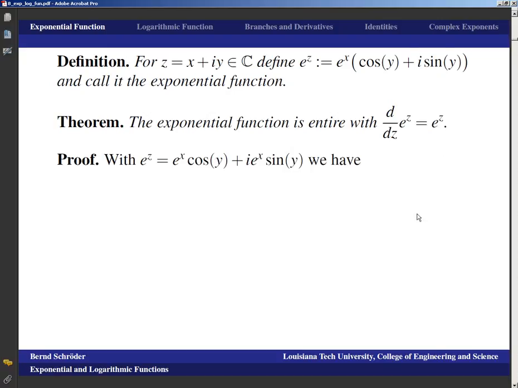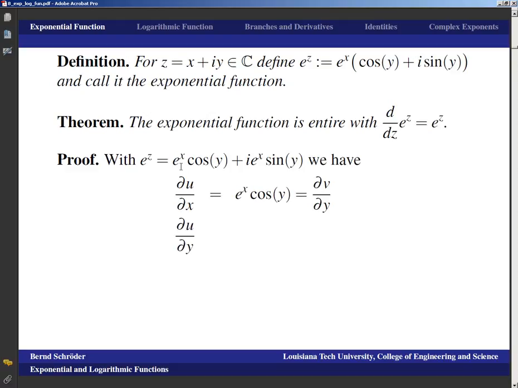To prove that, no surprises there, we look at the real part and the imaginary part of the complex exponential function, and we verify the Cauchy-Riemann equations. Well, du dx, that would be the derivative of e to the x cosine y with respect to x. That's e to the x cosine y, and that is the derivative of v with respect to y, because the derivative of e to the x sine y with respect to y is e to the x cosine y.